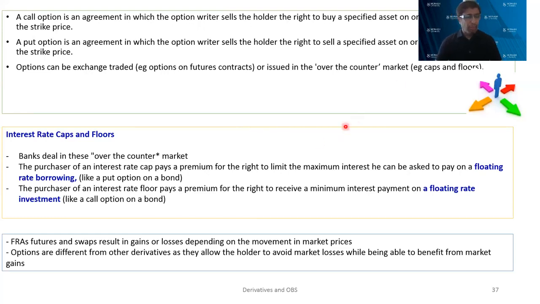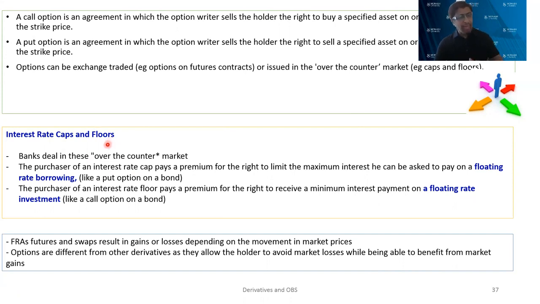We are done with the futures. We just have the options, and with the options we have something called interest rate caps and floors. When we think about the options, the caps and the floors, you have investors and you have borrowers. Investors put in their money, and there is a limit below which they cannot accept the interest rate return.